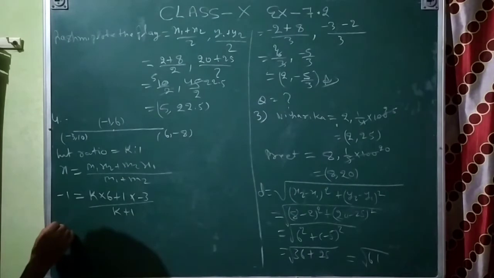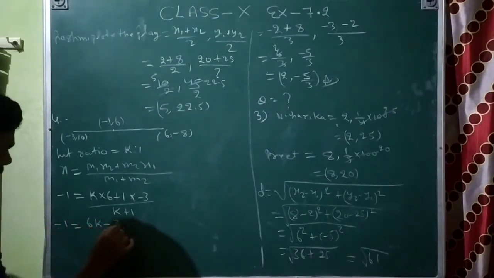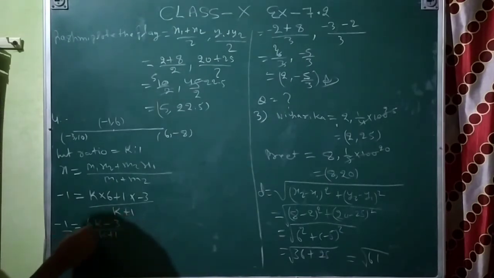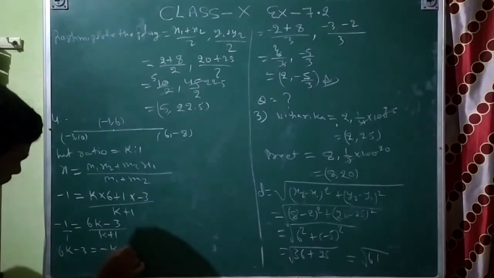Now -1 is equal to (6k - 3) upon (k + 1). By cross multiplying, 6k - 3 is equal to -k - 1.